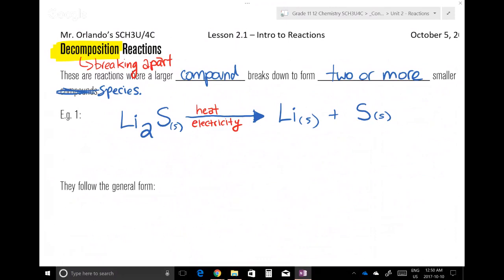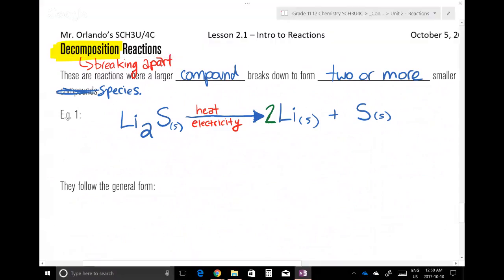Okay, now the only thing left to do here is what? And of course, Caitlin is screaming, Orlando, you fool, you haven't balanced the equation. And she's right, so make sure you balance it. And we're back. And hopefully you found that all we need to balance this is a 2 in front of the lithium. And there we go.